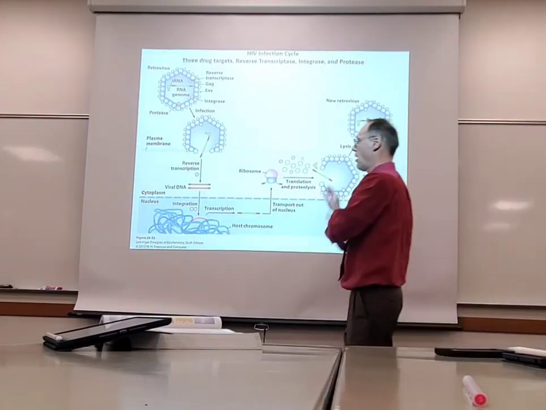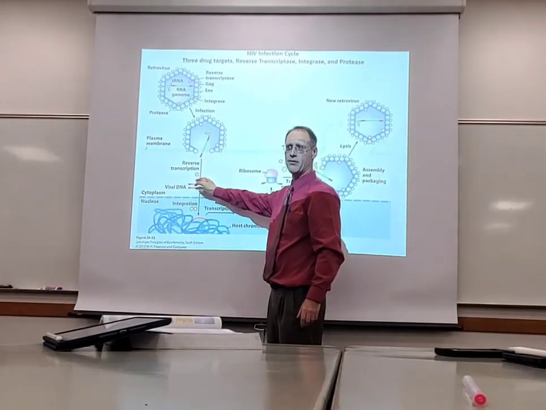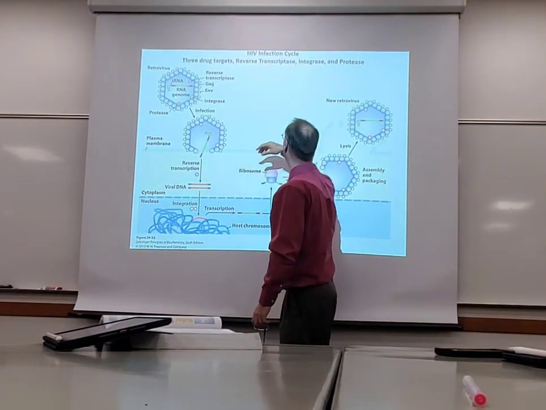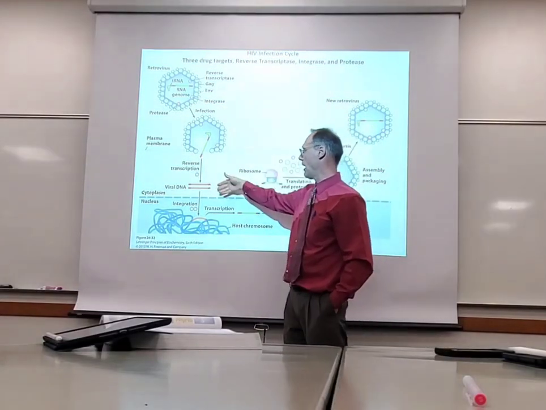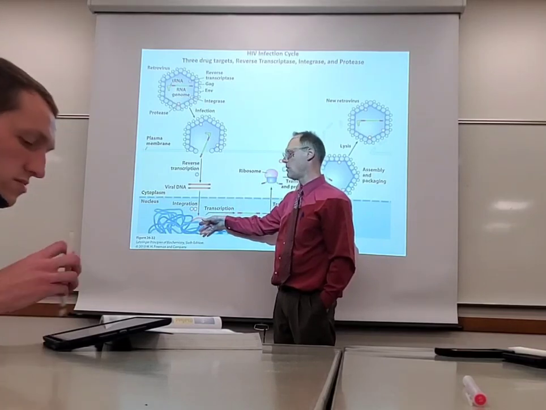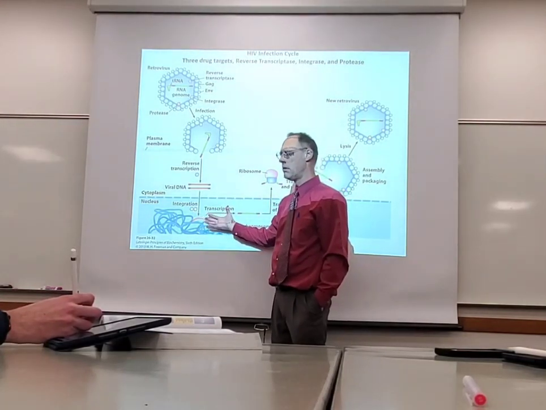So one, take the code that's just sitting here from this inanimate object that we don't call alive, but this random code, and turn it into something usable, to actually then come out and integrate into your own DNA. Isn't that nasty? By the way, it stays there. Never leaves.